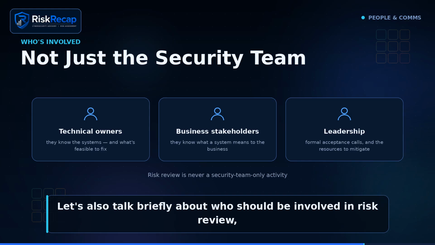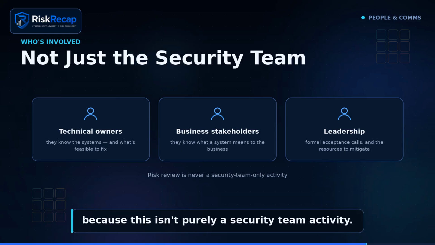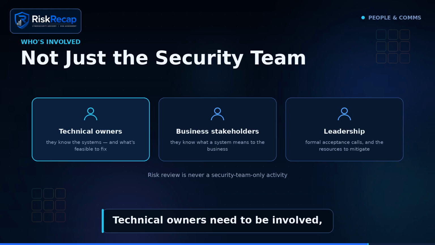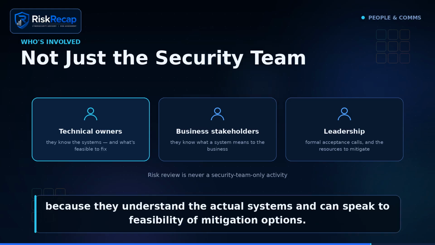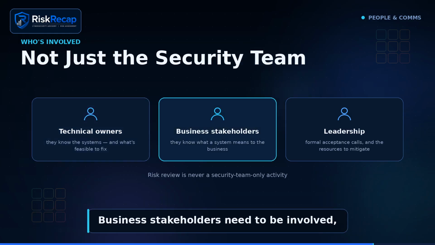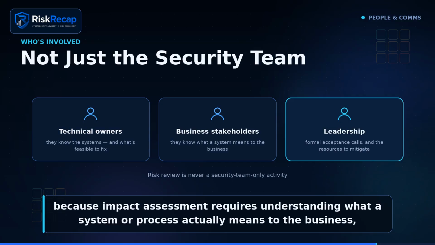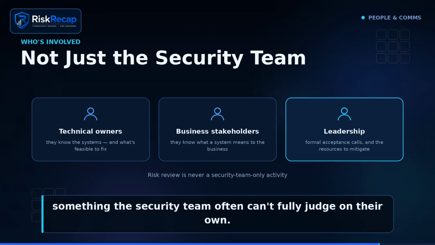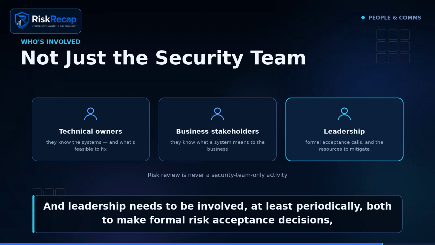Let's also talk briefly about who should be involved in risk review, because this isn't purely a security team activity. Technical owners need to be involved because they understand the actual systems and can speak to feasibility of mitigation options. Business stakeholders need to be involved because impact assessment requires understanding what a system or process actually means to the business, something the security team often can't fully judge on their own.